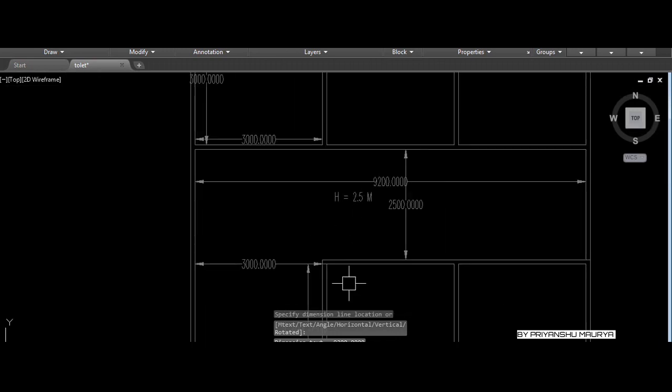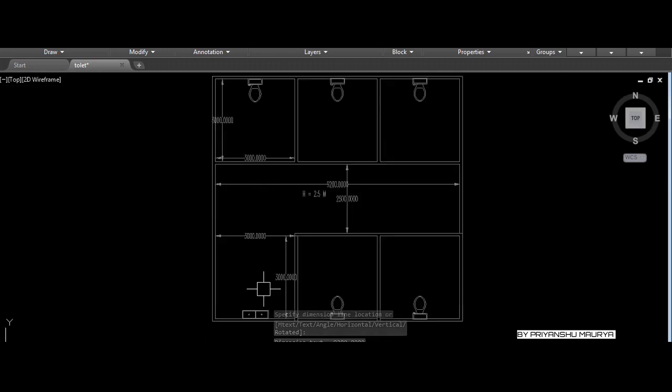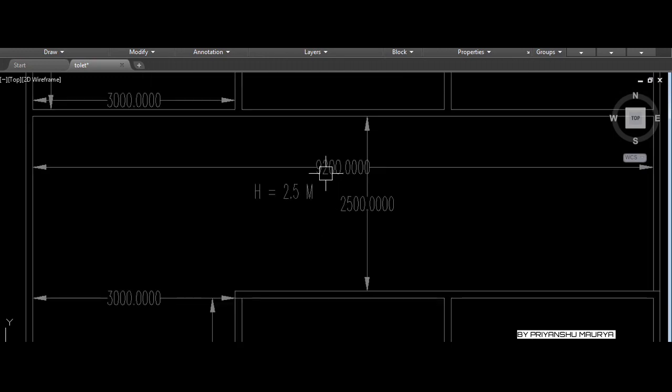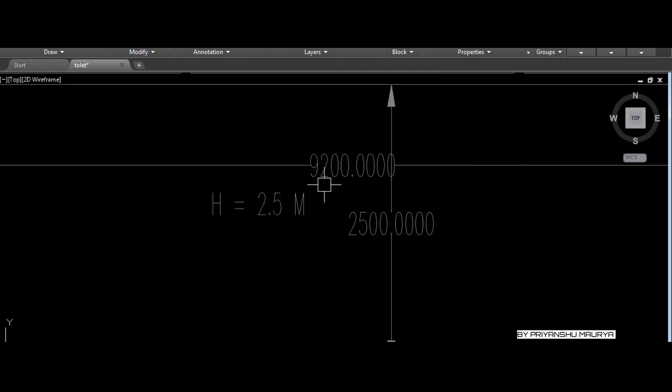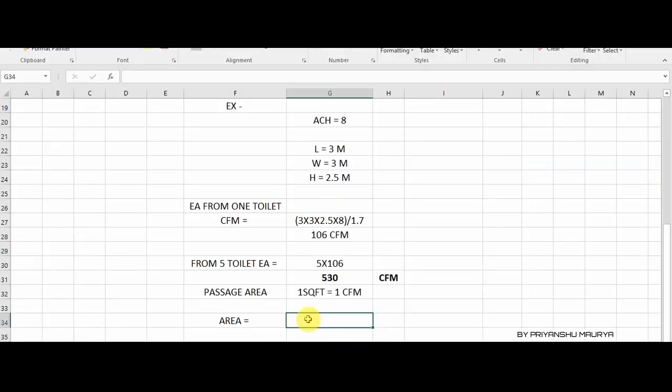So we can calculate like this: this area plus this area, that length, and this area. So here we can write 9.2, this is in meter, so 9.2 into 2.5. So passage area is equal to 9.2 into 2.5, this is one area, plus 3 into 3.